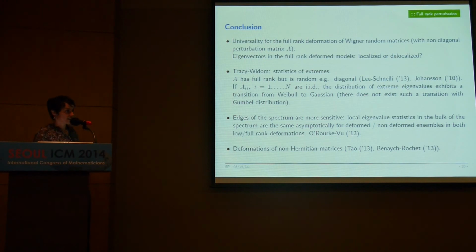It happened that we also know a lot of things now about eigenvectors of standard and deformed random matrices. And in particular, when there is an outlier, eigenvectors exhibit some localization, which is not true for standard Wigner random matrix.